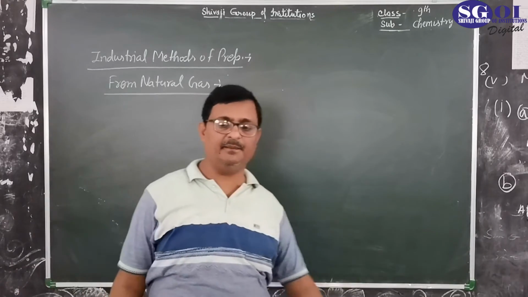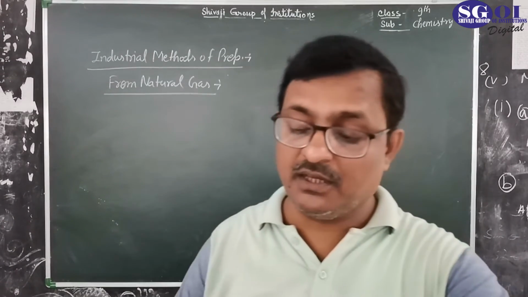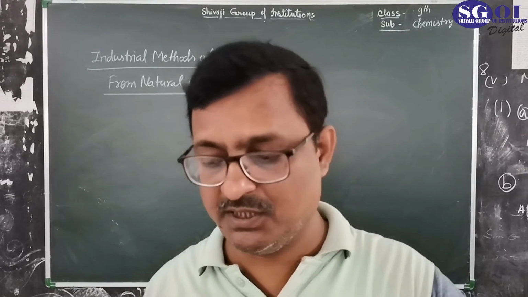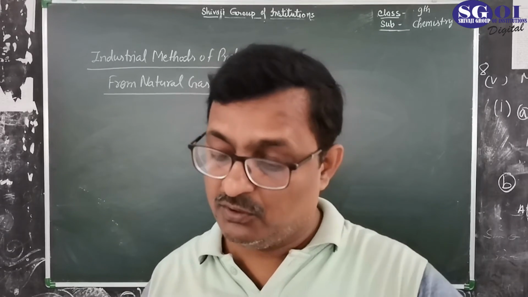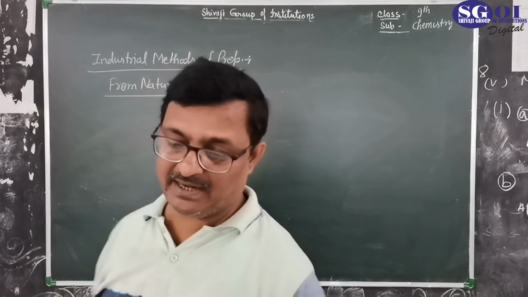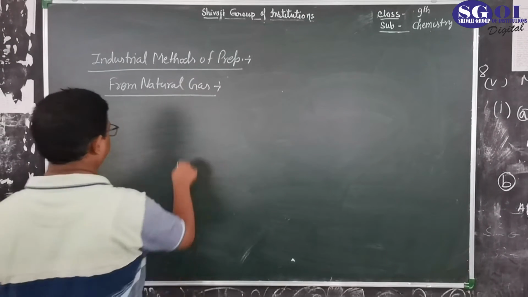Natural gas mainly contains methane, formula CH4, which reacts with steam, again water, to form hydrogen gas over a nickel catalyst at 800 degrees centigrade.